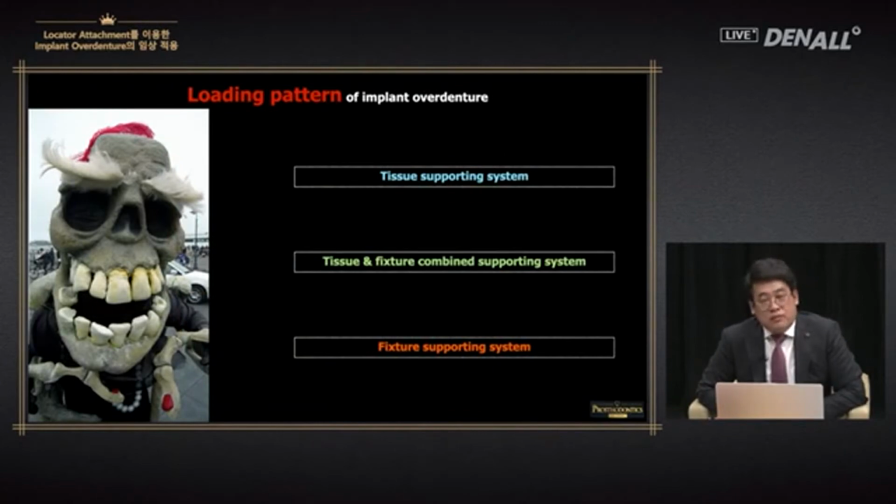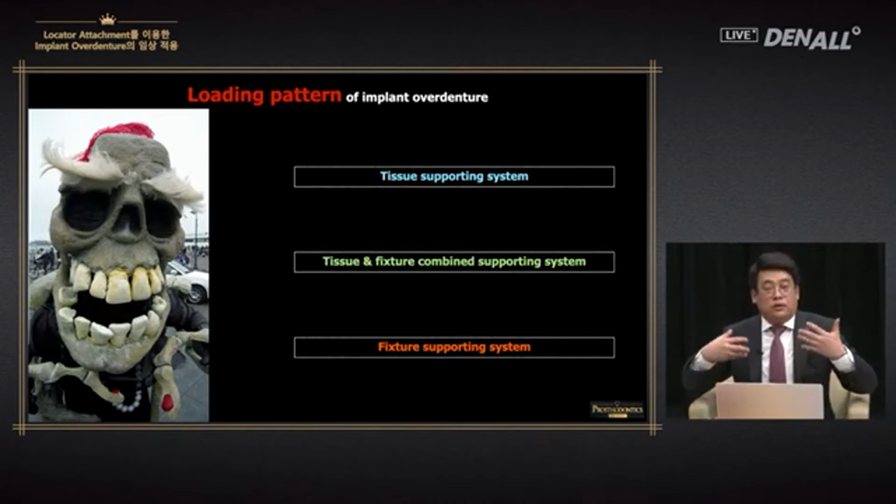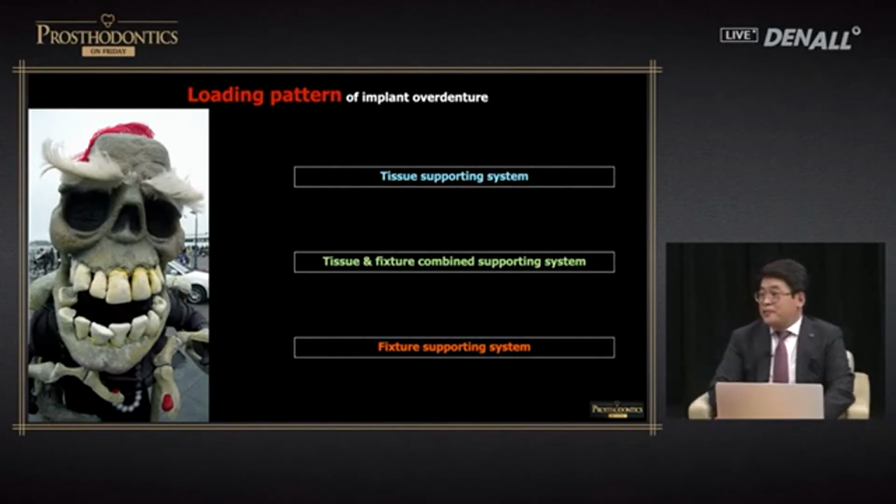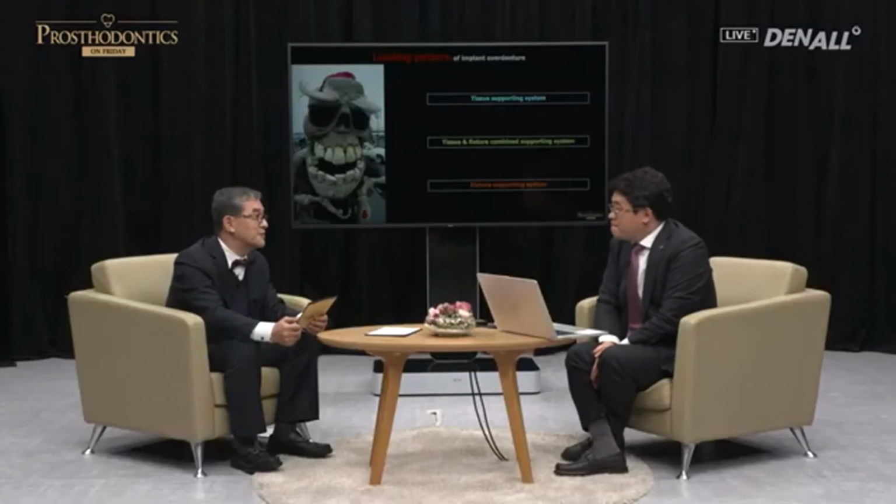When we place 4 implants, implants are placed in the anterior and posterior area, and the tissue also takes up the force. So this is called a tissue fixture supported system. If you place a lot of implants, most of the force is delivered to the implant. So this is called a fixture supported system.